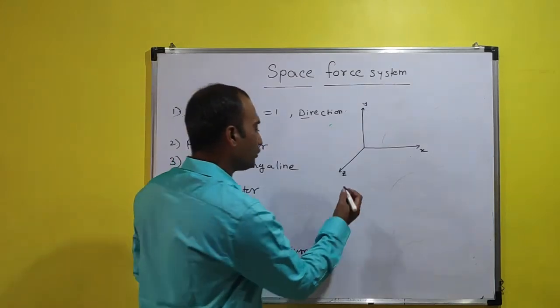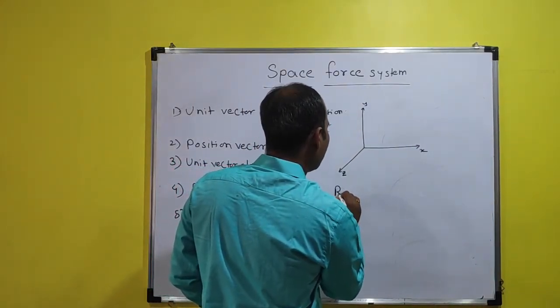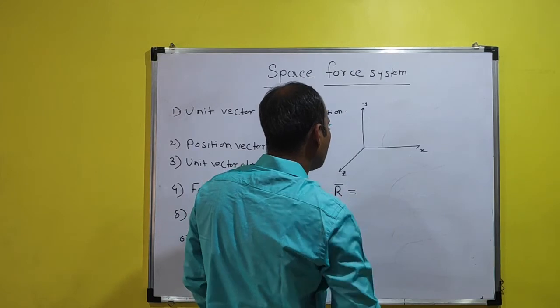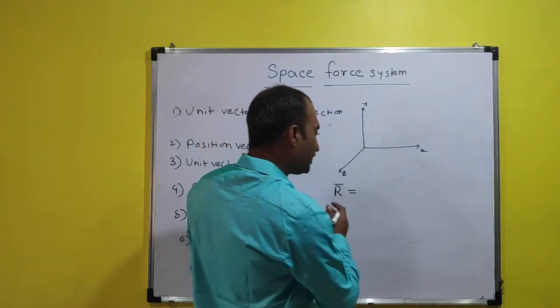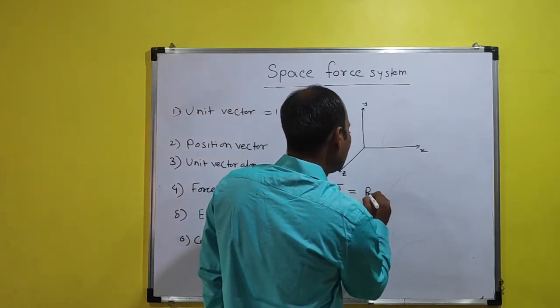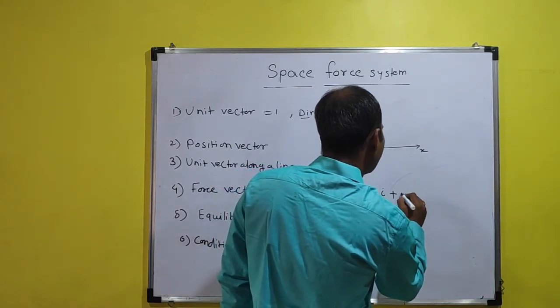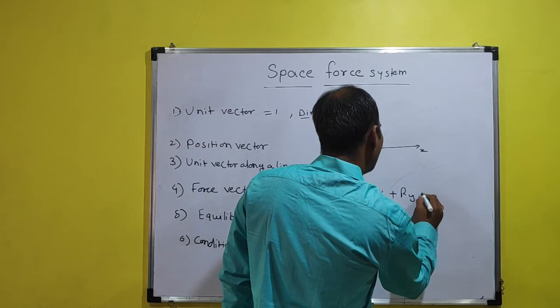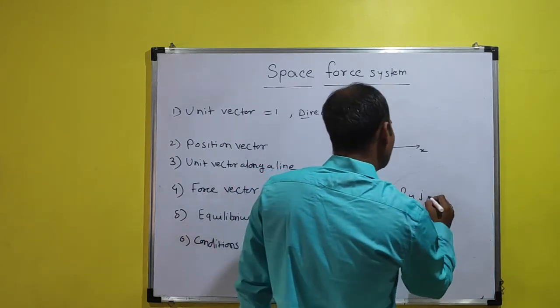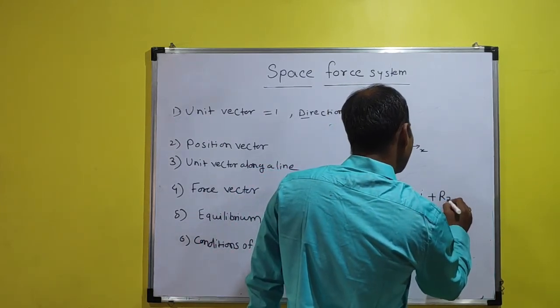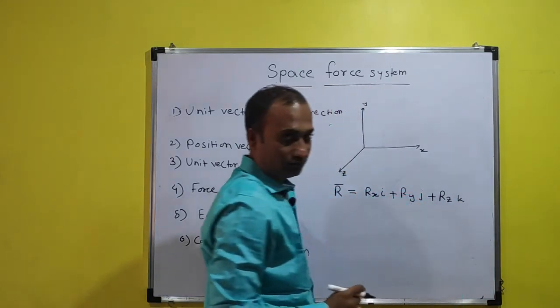So in space, how can we write it? If there is any system, the resultant vector has components along the x direction, along the y direction, and along the z direction also.